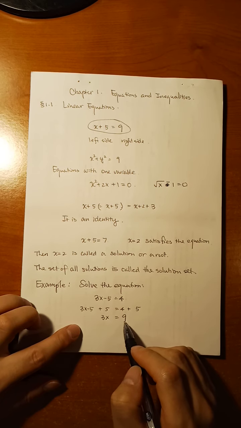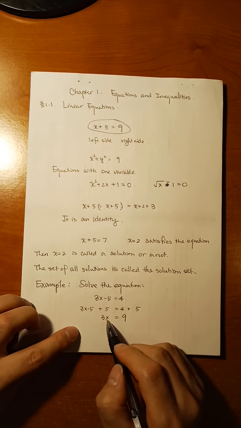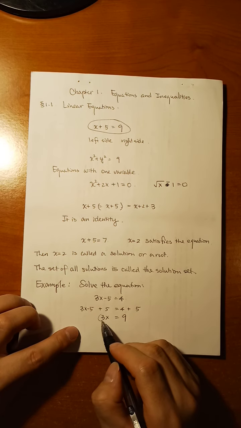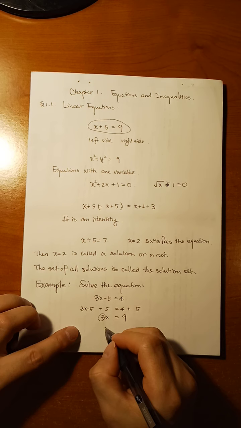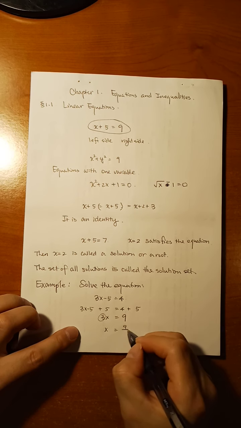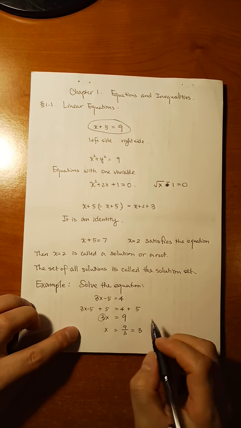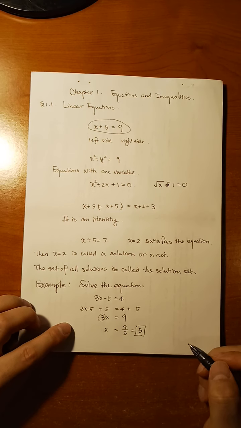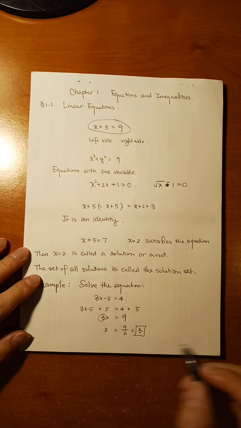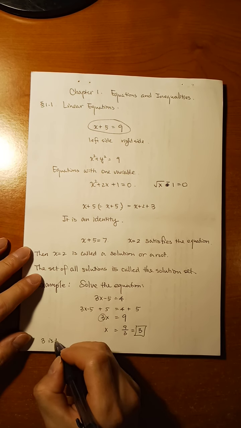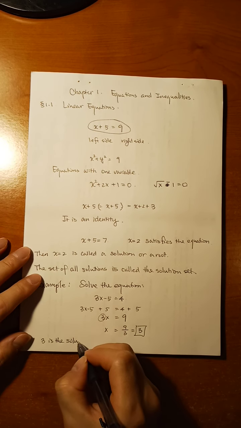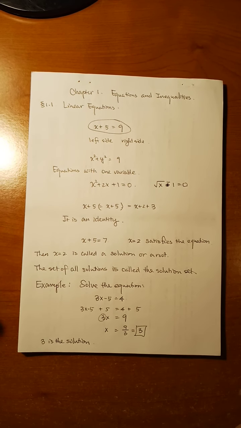We are going to divide the equation by the coefficient of x. We always divide it by the coefficient of x. And this is the solution. Three is the solution. Okay?